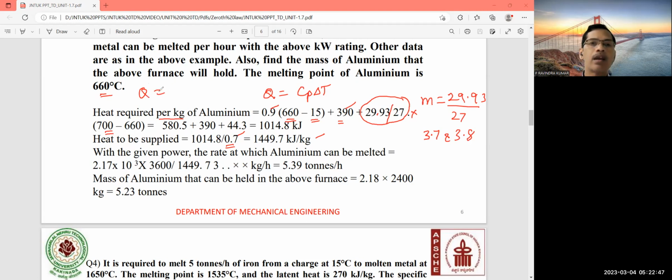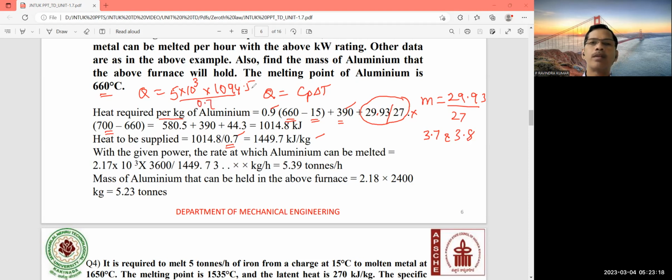Initially it is given as to melt 5 tons per hour. So 5 tons per hour means 5 into 10 power 3 kg, and the total heat removal is around 1094.5, divided by the furnace efficiency, 0.7.